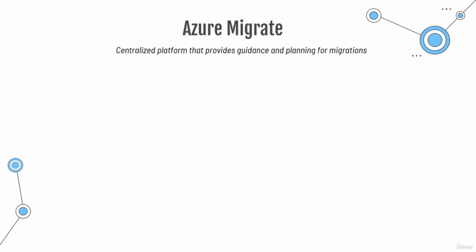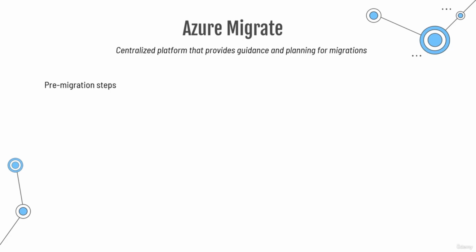And this is why they provide Azure Migrate. This is like a centralized hub that provides guidance and planning for migrations. So they want to make it with this platform as easy as possible for us to migrate from on-premise to the Azure cloud. And for this purpose, they provide a set of tools.